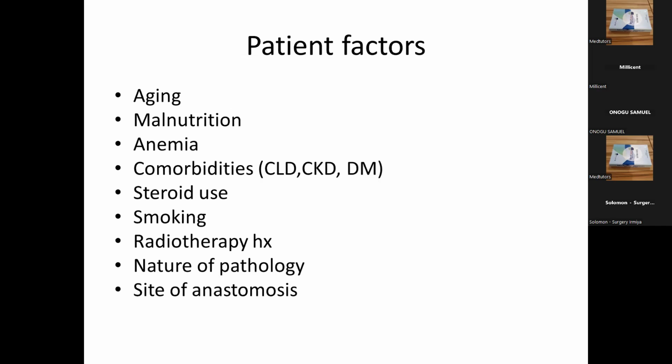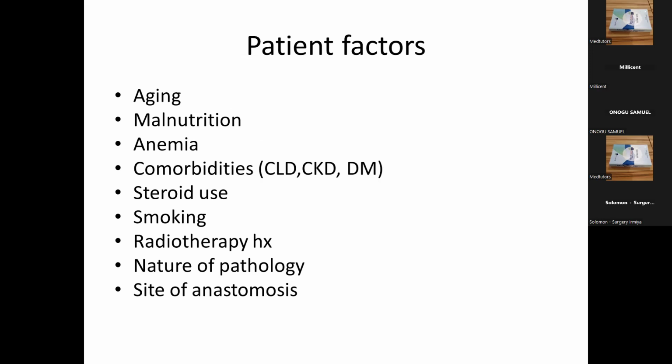For the patient factors, old age is advocated. People who are older do not heal as fast as the younger ones. Malnourished patients, as I said earlier preoperatively, have adverse outcomes for anastomosis, because the bowel is slim and not as thick as it should be, because there's chronic wasting. So the integrity of your anastomosis is already compromised.